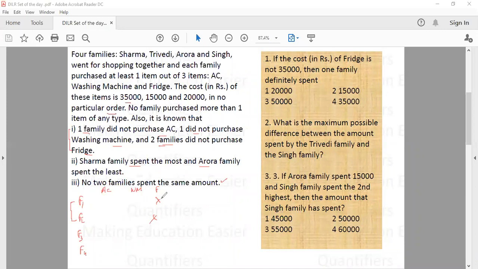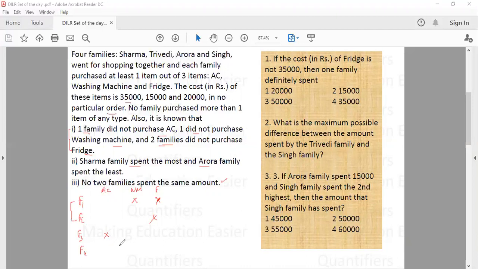And I also know that one among these two families will be the family which will either not purchase AC or not purchase a washing machine. So let's say family 1 did not purchase a washing machine, right? So let's say AC is not purchased by F3. It can be F4 also, but since I have not given the names to the families, the case will be the same.